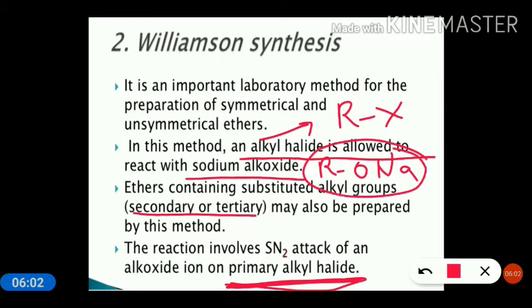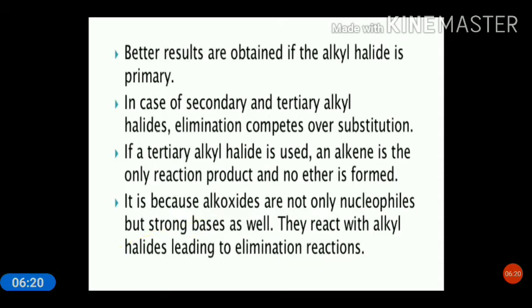Alkoxide can be 1 degree, 2 degree or 3 degree, doesn't matter. But RX should be 1 degree for a good yield and for the forward reaction. Better results are obtained if the alkyl halide is primary, as I told you.